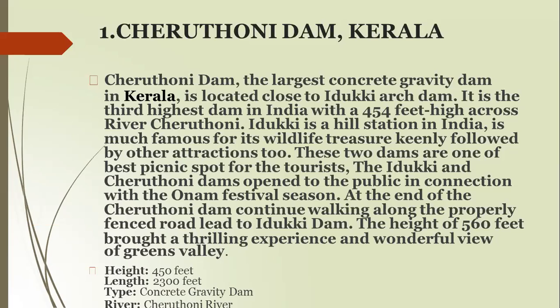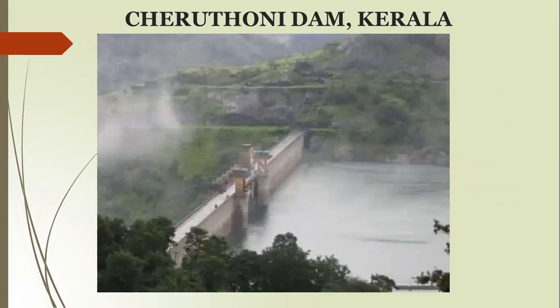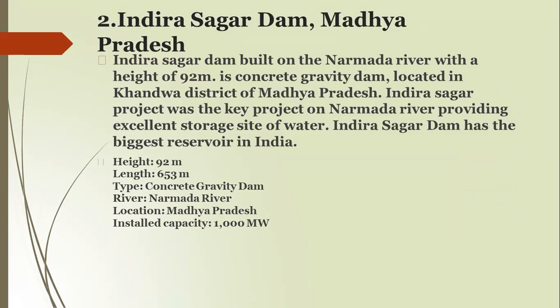It is a concrete gravity dam made on the same river. So the details of the dams are given. Then one more dam is the Indira Sagar Dam from Madhya Pradesh.